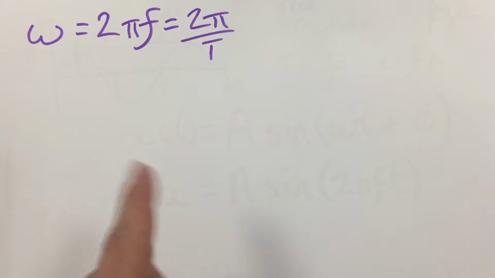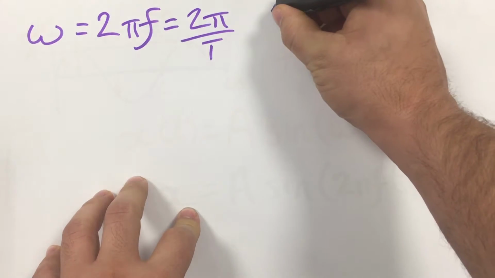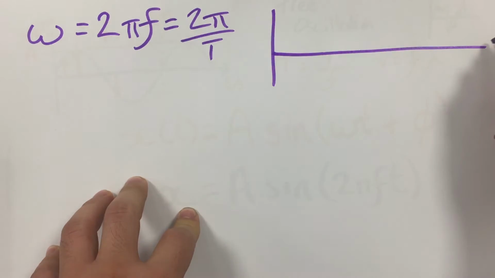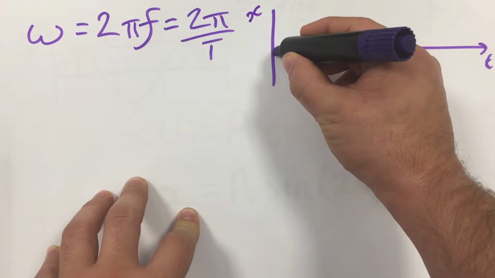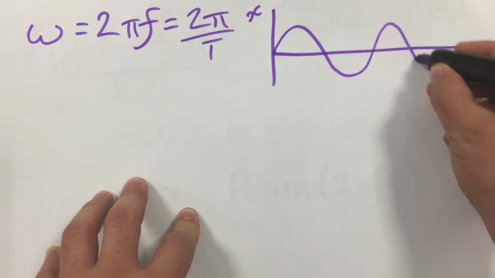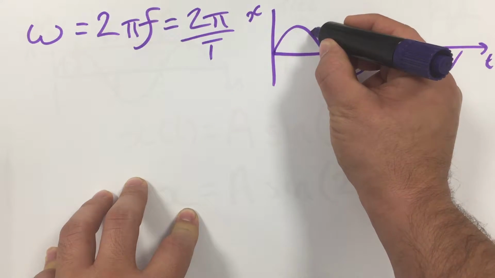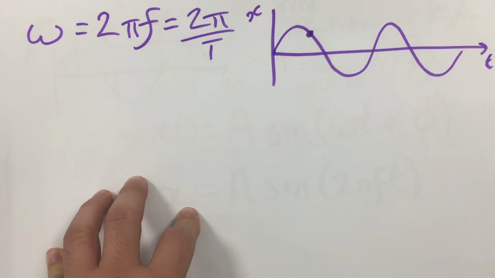So with a displacement time graph like we had a moment ago, if you think about a particle at some point on here, I'm just going to choose this point.